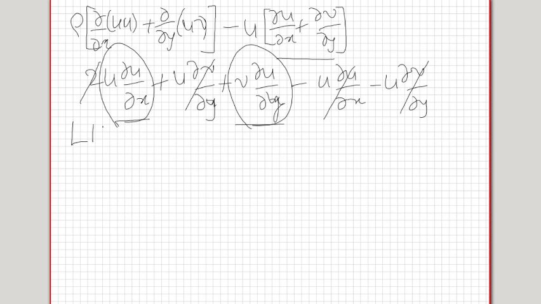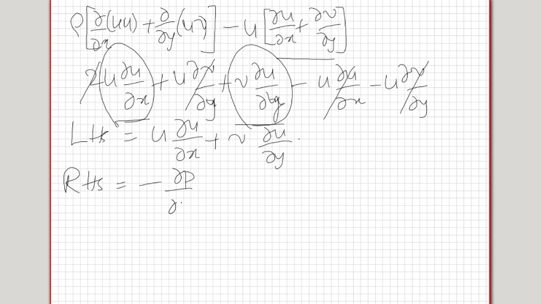So LHS is equal to u del u by del x plus v del u by del y. Now RHS will be equal to minus del p by del x. Okay, so this is multiplied by rho, sorry. So this whole thing by rho, I'll keep the rho out there. And similarly this also rho u, so that you can cancel it.